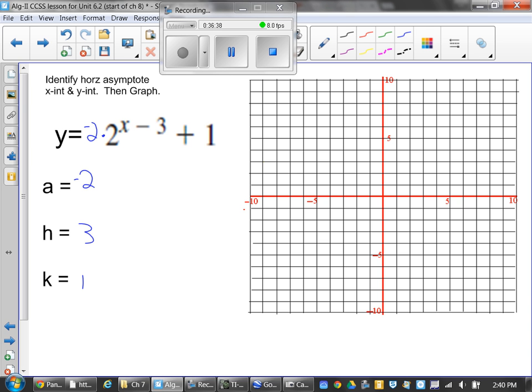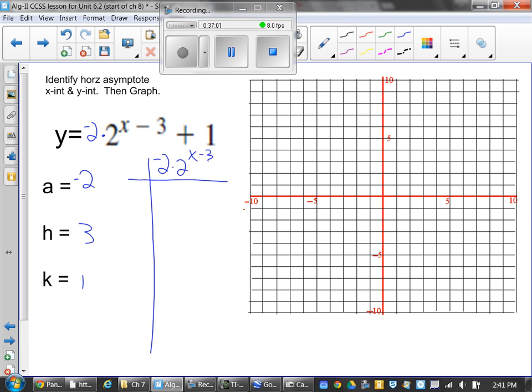So we know your parent function has a y-intercept at -2. You also know that your final function will have an asymptote where? At 1. Is it x or y equals 1? y. Good. So pick out your values real fast. You're going to substitute into -2 times 2 to the x.